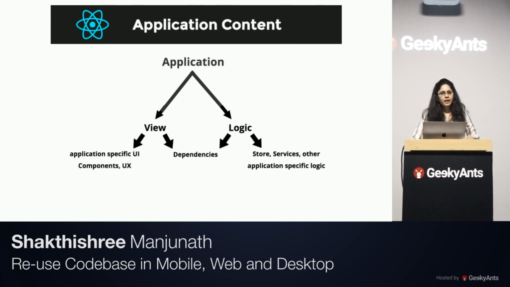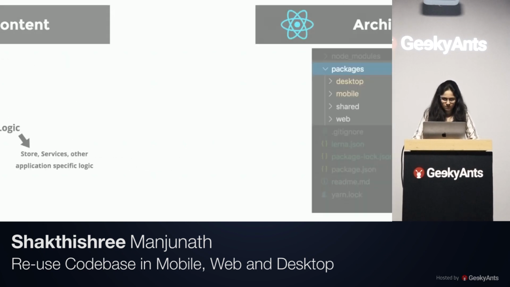So it's very important to note that we also have third party dependencies in our production level applications. Since React is a library, you will obviously have a lot of third party dependencies.